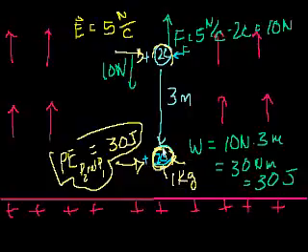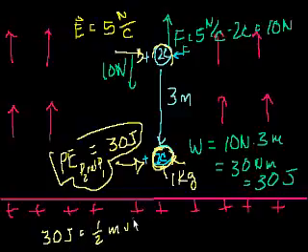So we know that the electric field is going to accelerate it upwards. It's going to exert an upward force of 5 newtons per coulomb, and the thing's going to keep accelerating until it gets to this point. What's its velocity going to be at that point? Well, all of this electrical potential energy is going to be converted to kinetic energy. So essentially, we have 30 joules equal to 1/2 mv squared.